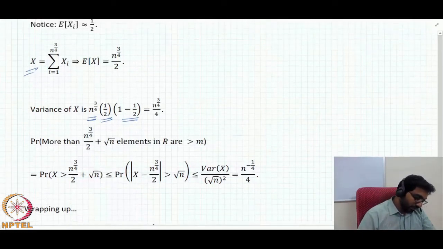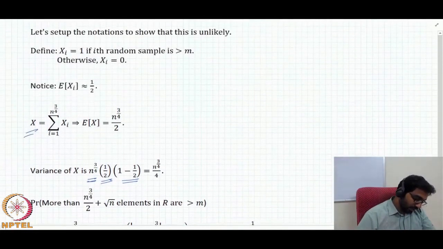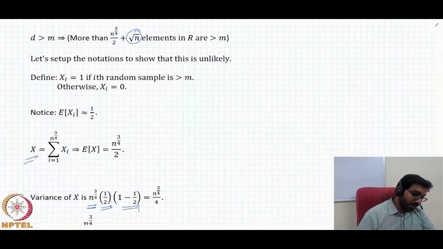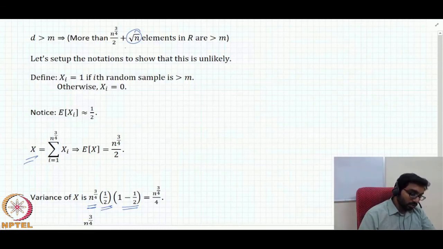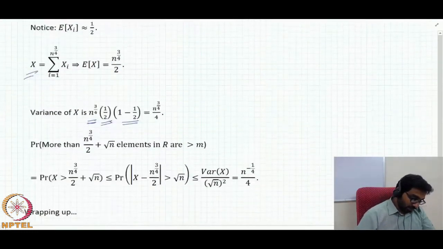Okay, so now let's remind ourselves what the bad event is that we're trying to show is unlikely. We're trying to show that the bad event of more than n to the 3/4 divided by 2 plus square root of n elements in R being greater than M is small.